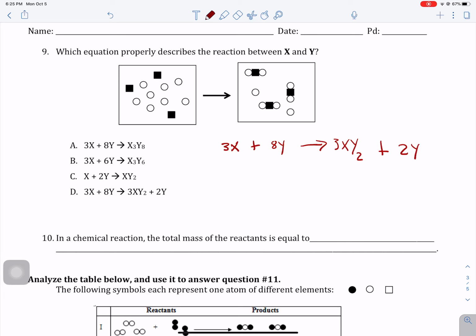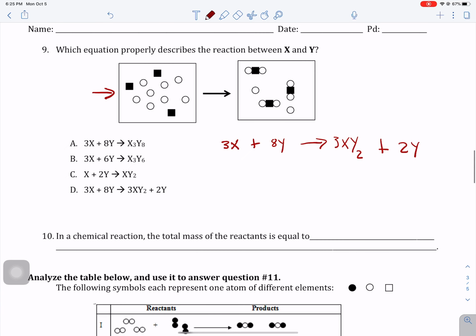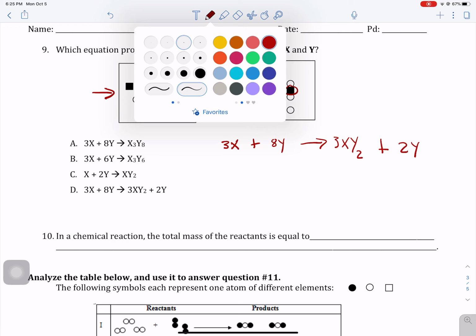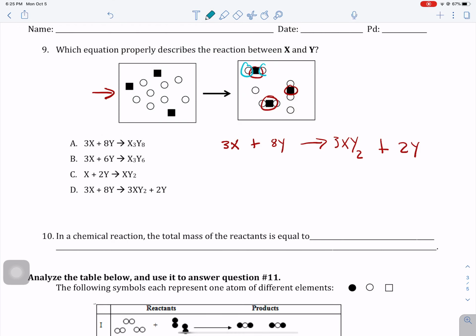So you're like, Wes Wilkins, how did you get this? So the reason why I got this, so this side I'm guessing makes sense to you. Okay, this side over here is the one that doesn't make quite as much sense probably. So the reason why this is 3XY2, okay, so we have the X's right here, and there are 2 Y's connected to them.